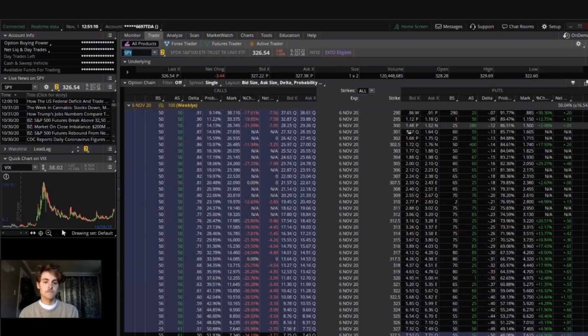You want to take like a 12 delta trade. So what you're thinking is that the SPY is not going to hit 300 by the end of next week, Friday, November 6th. With the SPY being around 326 or 327, you're giving yourself about a $27 runway, I like to call it.